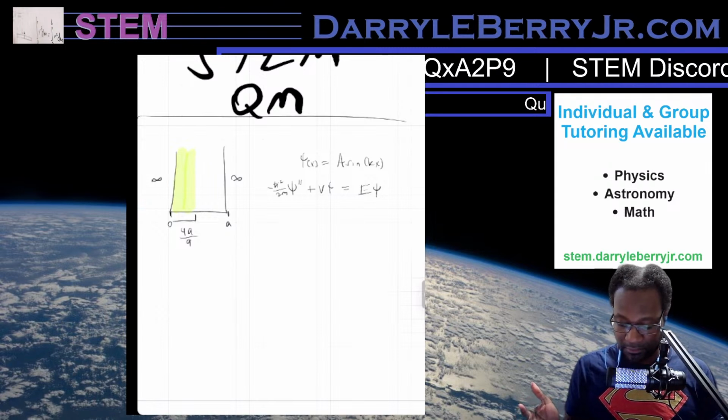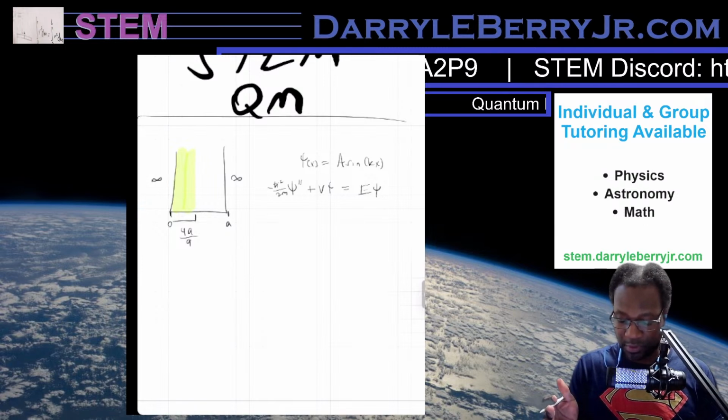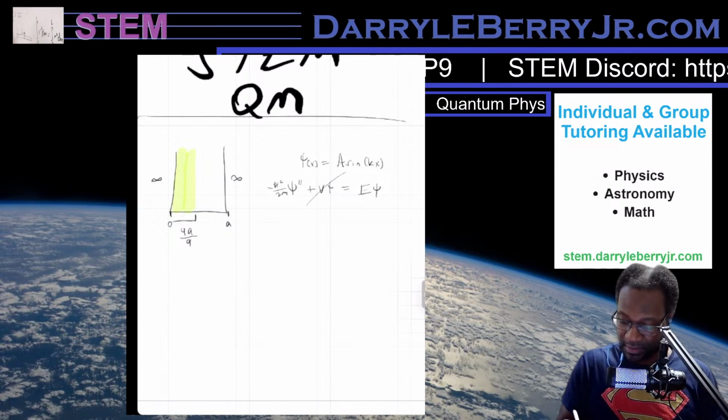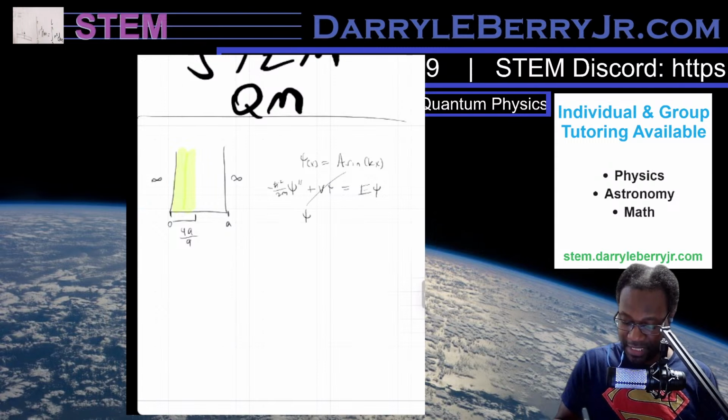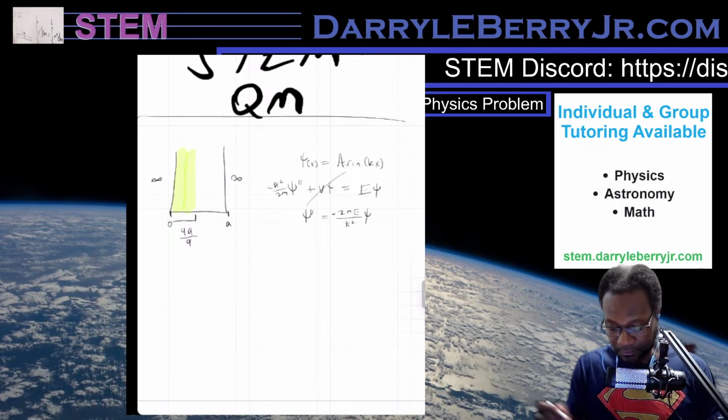And if there is no perturbation and V was 0, then we know we'd have psi double dot equals negative 2mE over h bar squared times psi.